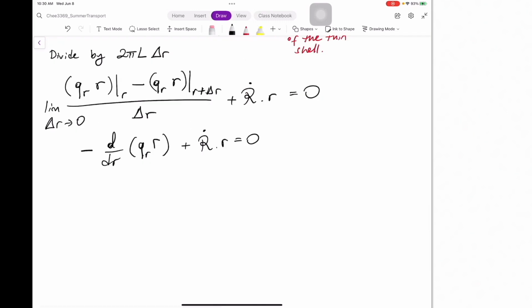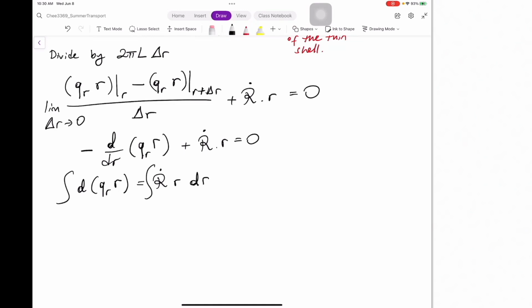Now I'm going to rearrange this. I'm going to say d(q_r r) is equal to fancy R r dr. Now I can take the integral of both sides. Fancy R is constant, but the lowercase r is not constant.